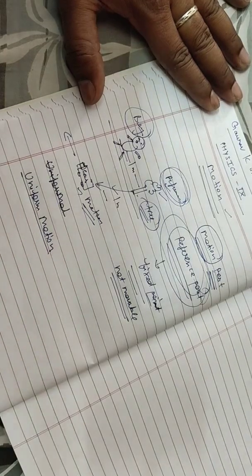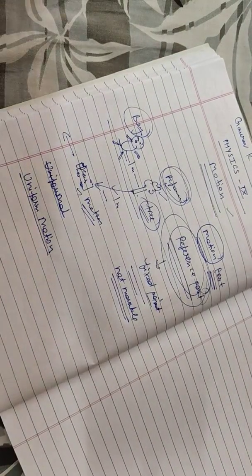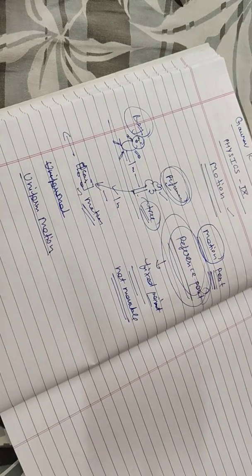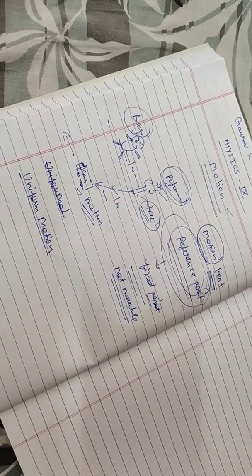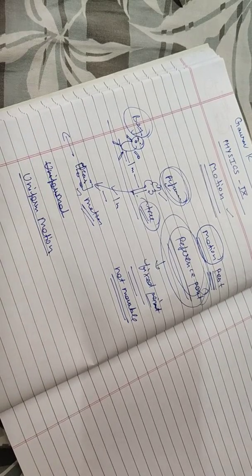There are many types of motion. First is uniform motion. If a body changes its distance in regular intervals of time, or I can simply say that if a body travels equal distance in equal intervals of time, then it is said to be in uniform motion.